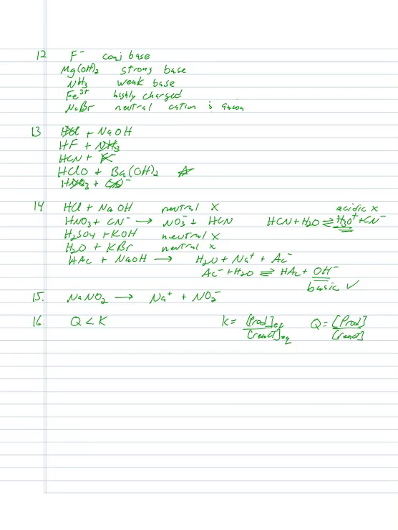That's what's going to make Q less than K, if the product value is smaller or the reactant value is too big. And that means that my reaction still has to move in the forward direction to make more product and use up some of the reactant to bring that number down. So that's why the answer there is B. If Q is less than K, then products has to go up and reactants has to go down. Does that make sense to everybody?